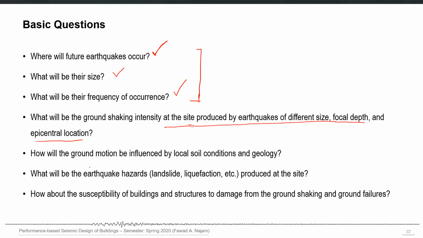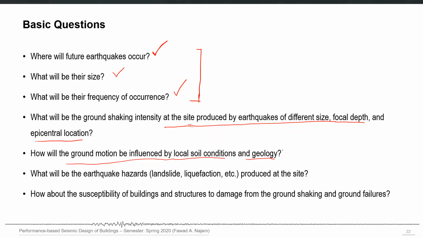Then another important question is, how will the ground motion be influenced by local soil conditions and geology? This is also an important aspect. We already know that seismic waves are influenced or modified by the local soil conditions and the intermediate geology. So the effect should be quantified.